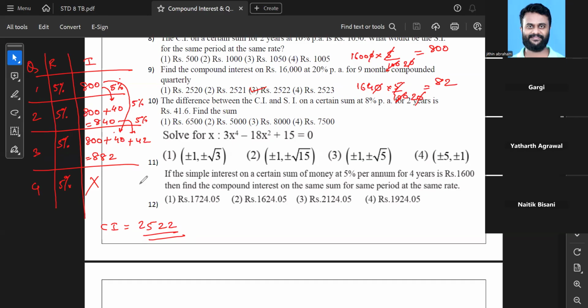Anything else? I believe this problem is clear. So whenever the tenure is small, the logical approach will definitely solve the problems quickly.